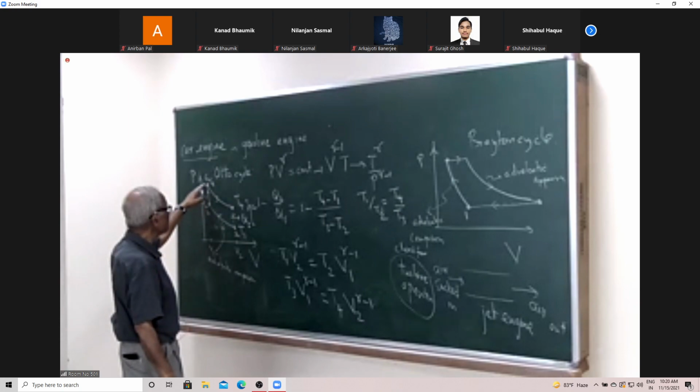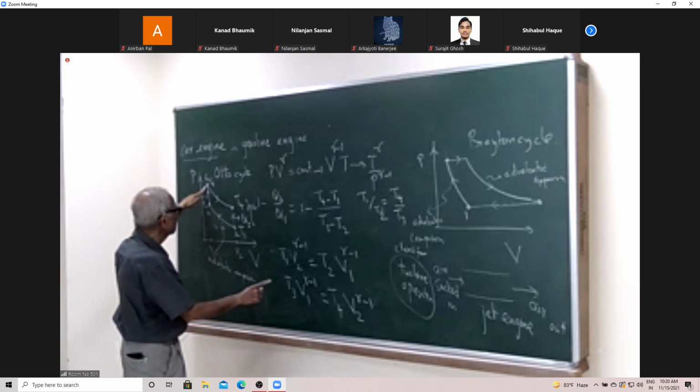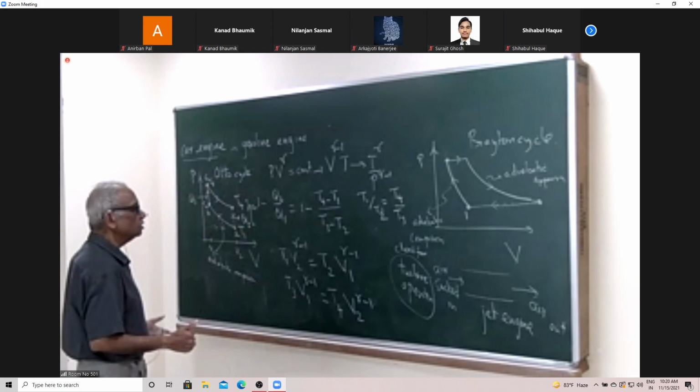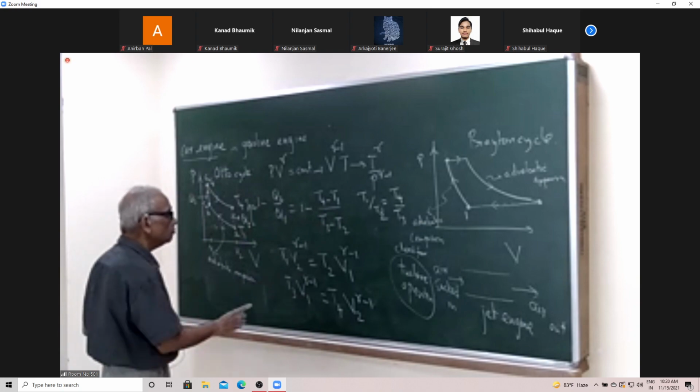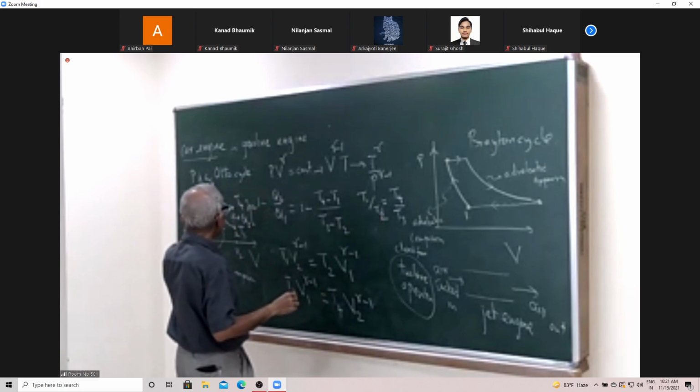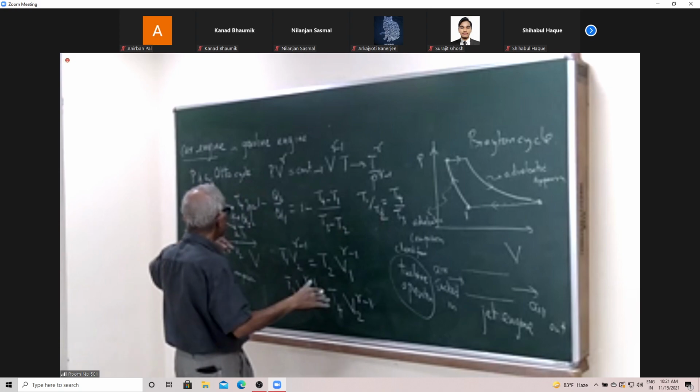Here this is an adiabat over here. So this is T3, and T3 is at a lower volume, and therefore T4 has to be lower than T3. So T4 over T3 has to be small, because it has to cool down, adiabatically expanded.